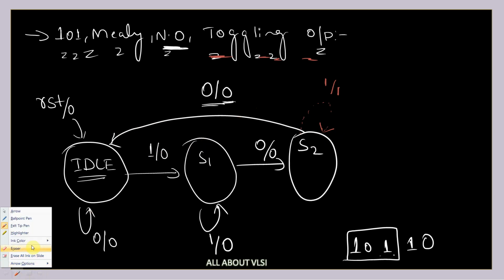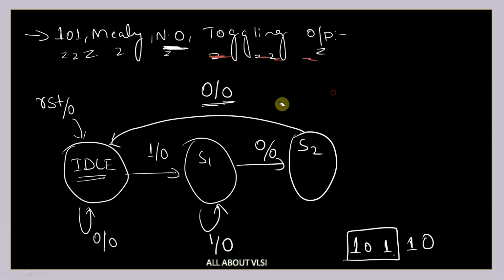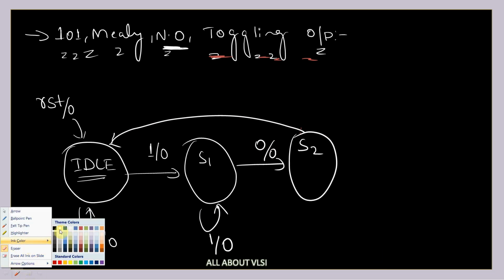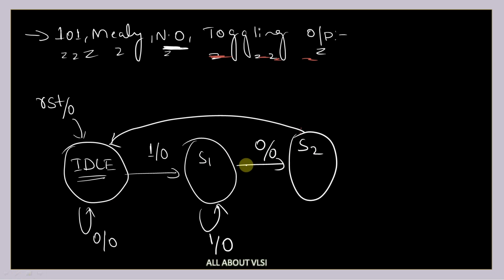Okay, let me explain this. Let me erase this. Now, if I am in S2 state and I have the sequence 1, 0, and if I get one more 0, my pattern has not been detected.